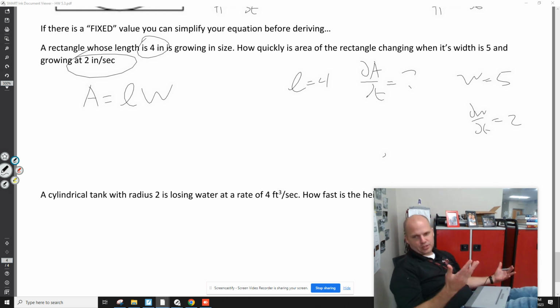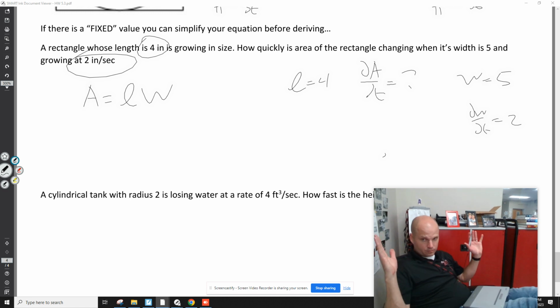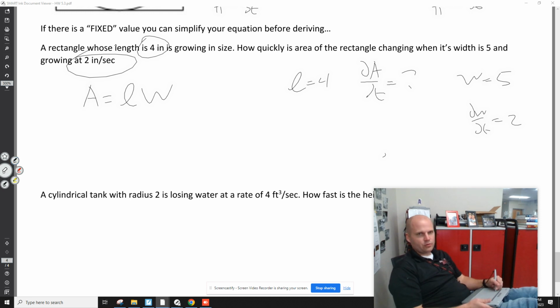It should probably say, hey guys, the length is 4 and the width is changing. The length is always 4, it's the width that's changing. It doesn't say that, so I can see how you get confused here. So probably if I were to write this question for a quiz, just to make sure it's clear, the length is always 4, whose width is growing in size. Okay?